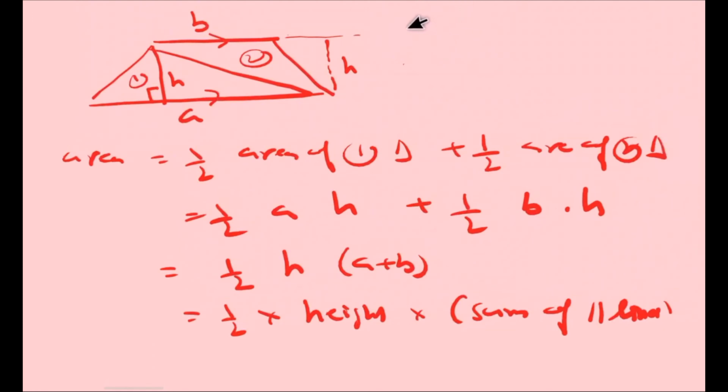This shape is known as trapezium. If two sides are parallel and the other sides are not parallel, then this is a trapezium. Okay, so now we go to the next shape.